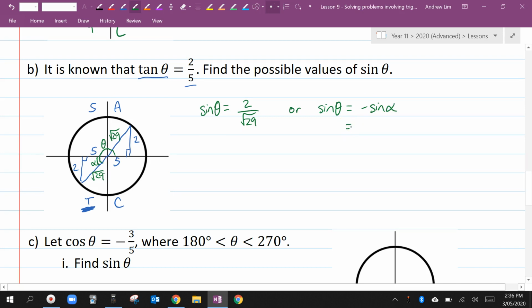Well, what is sine of alpha? Opposite over hypotenuse, except it's negative. So these are the two possible values for sine of theta: 2 over root 29 or negative 2 over root 29.